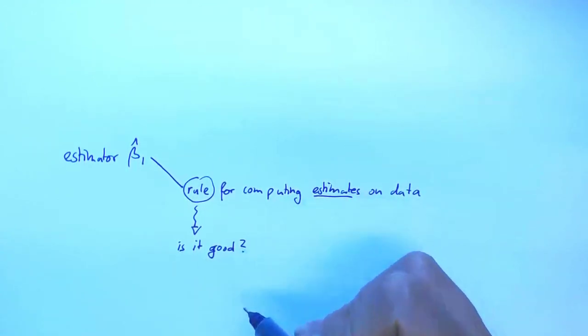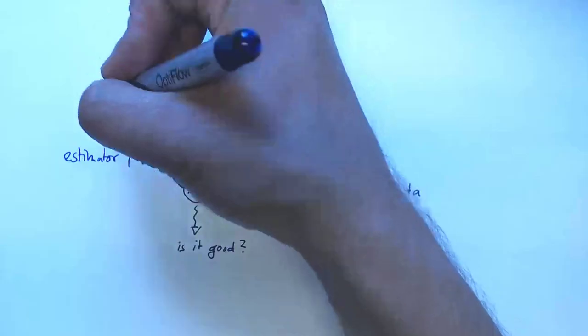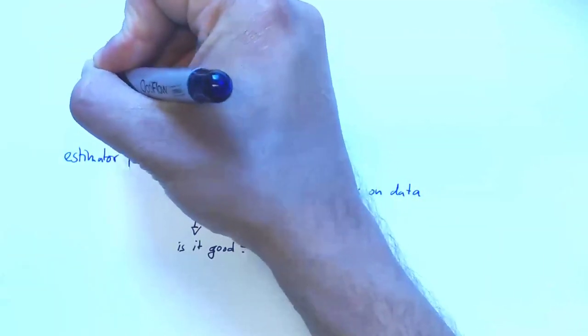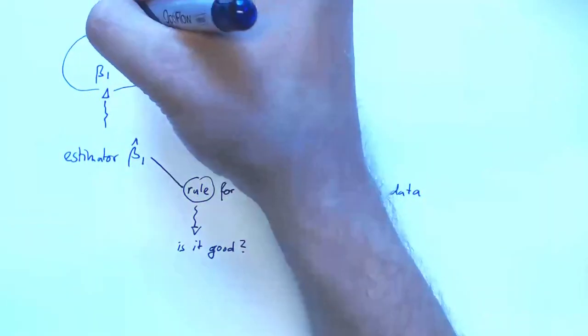What would it mean to be a good rule? Well, we have to remember what our ultimate goal is, and our ultimate goal is to estimate beta 1. And beta 1 is something that we cannot see. It's a population parameter, right?